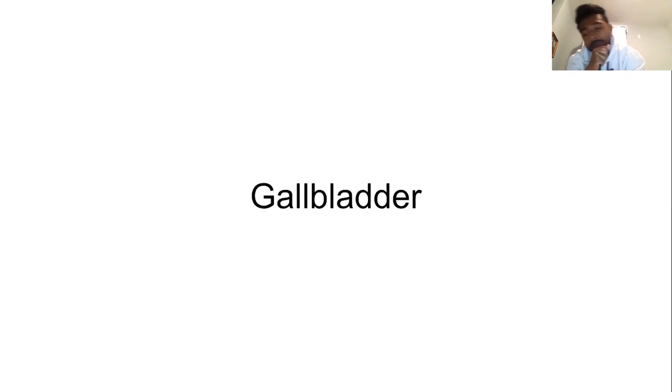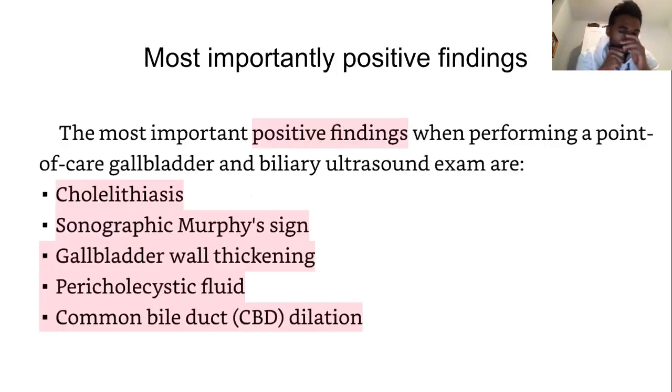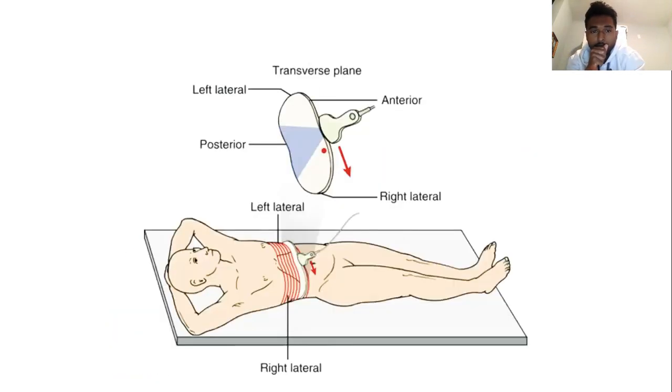Let's move on to gallbladder. When it comes to gallbladder imaging, another thing real quick: whenever the operator does these scans, it's just a little fact, the operator stands on the patient's left side, just like when we're doing the CS exams, because it's easier.